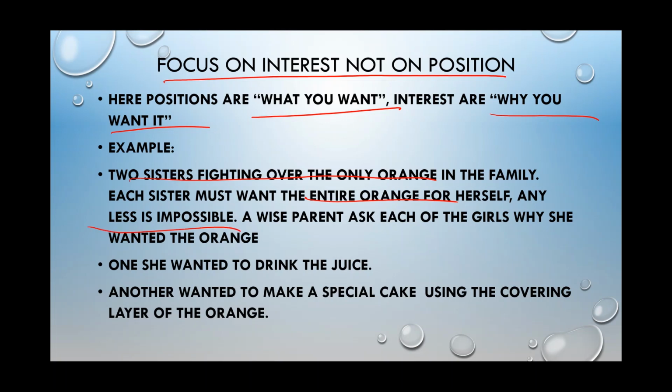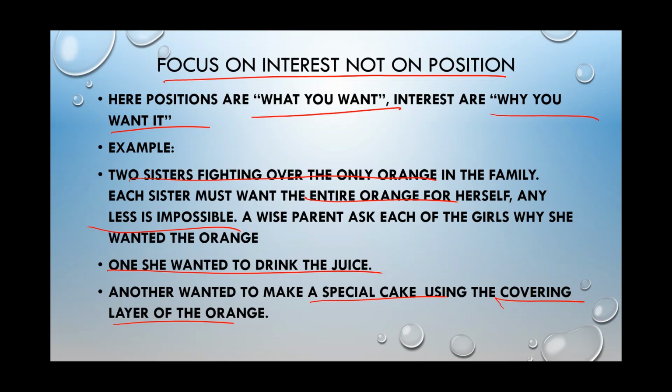A wise parent asked each of the girls why she wanted the orange. One said she wanted to have juice out of it. The other girl said she wanted to make a special cake using the outer peel of the orange. Now the question is how to solve it. Using this principle, we need to focus on why they wanted it, not on what they wanted.